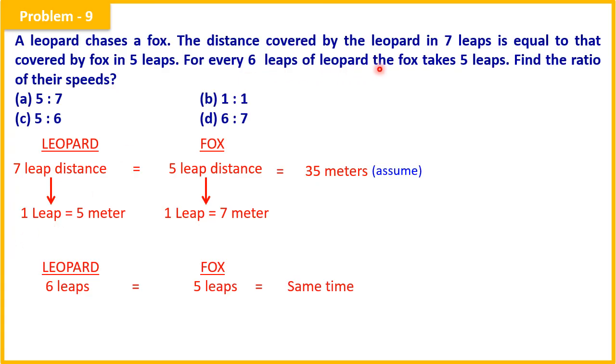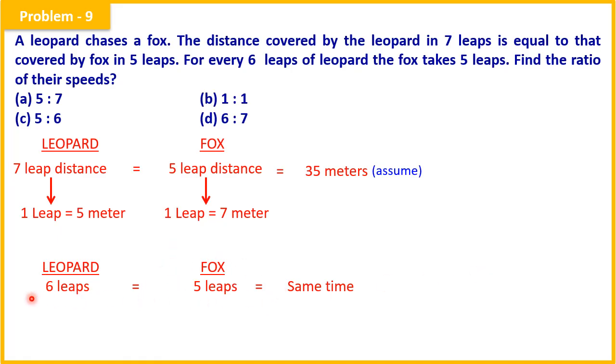Now further it is said that 6 leaps of leopard and 5 leaps of fox can be covered in the same time. As it is clearly mentioned in the statement, for every 6 leaps of leopard the fox takes 5 leaps. So in the time in which the leopard takes 6 leaps, the fox takes 5 leaps. So they require the same time.